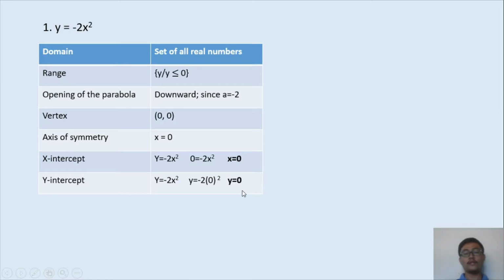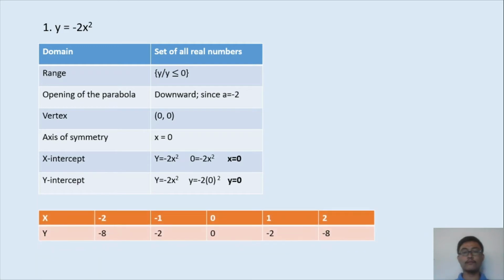So, y is also 0. So, that means the intercept is at the origin, since tatama naman siya pareha sa x and y axis. Now, we have here the table of values.